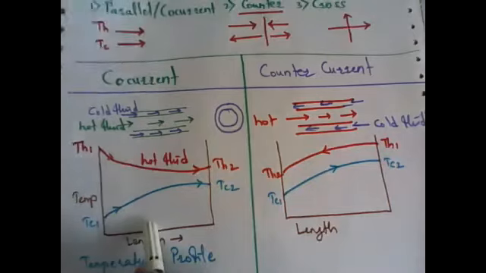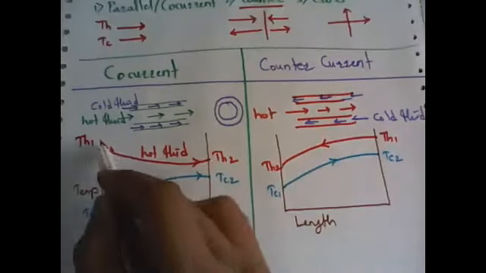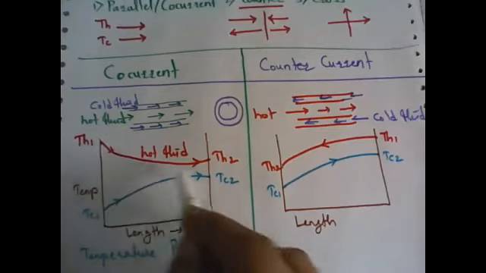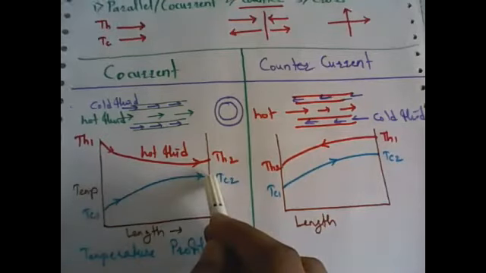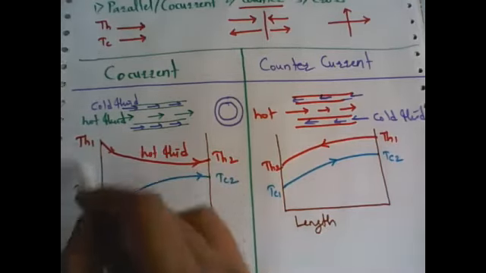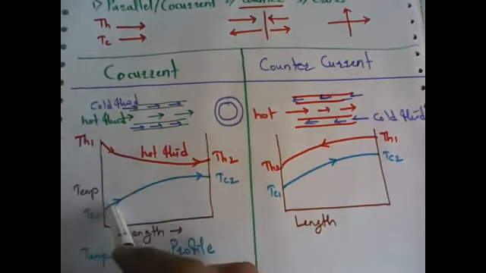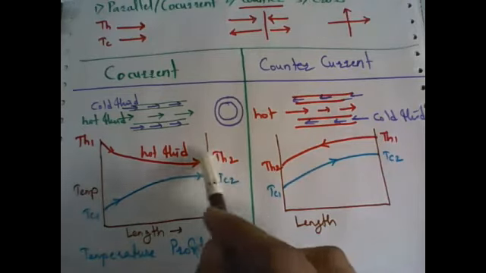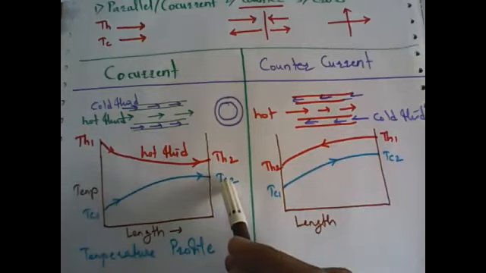And for this co-current, the temperature difference initially is more as compared to the temperature difference at the end. So initially, if the temperature difference is more, obviously the rate of heat transfer is more initially in the co-current heat exchanger. But at the end of heat exchanger, the rate of heat transfer is low because the temperature difference is low.